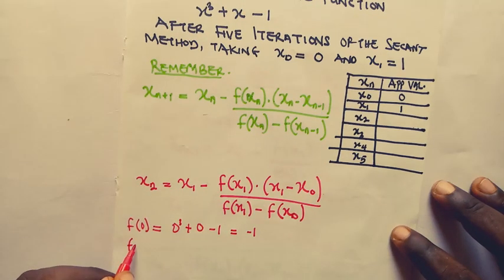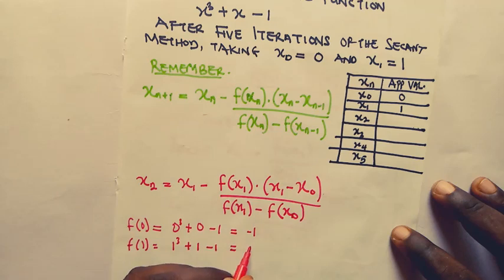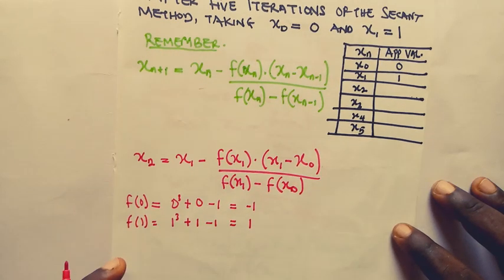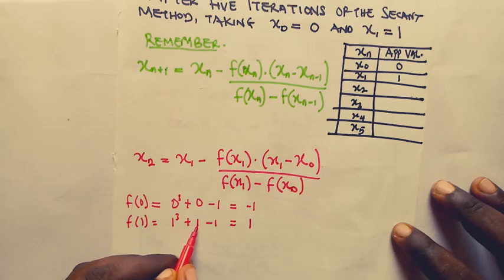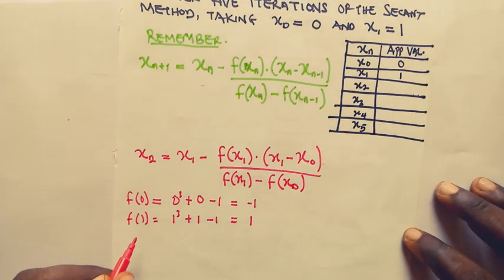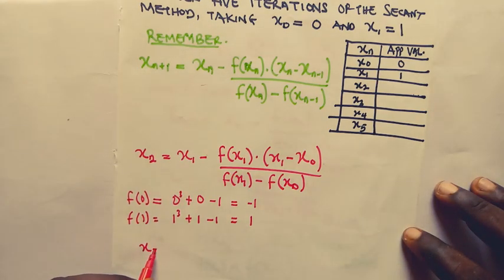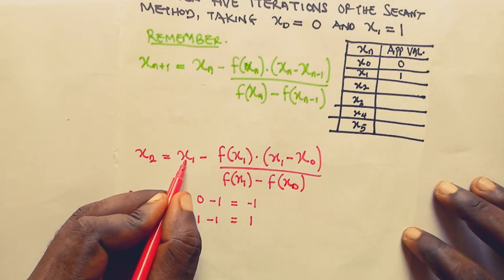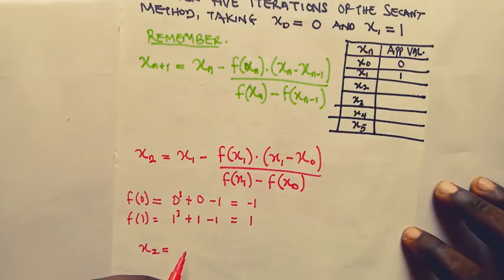And f of x1, f of 1, is going to give me 1 cubed plus 1 minus 1. How did I get my 1? 1 times 1 times 1 gives me 1, plus 1 gives me 2, 2 minus 1 gives me 1.